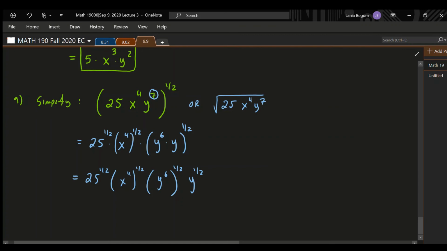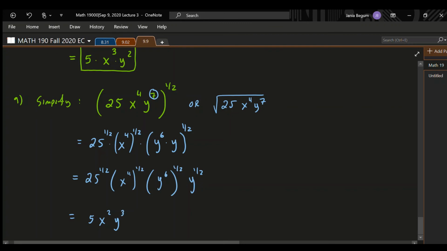What's 25 to the power 1/2? Okay. What about the next term? x to the 4th to the 1/2, and y to the 6th to the 1/2. Right.